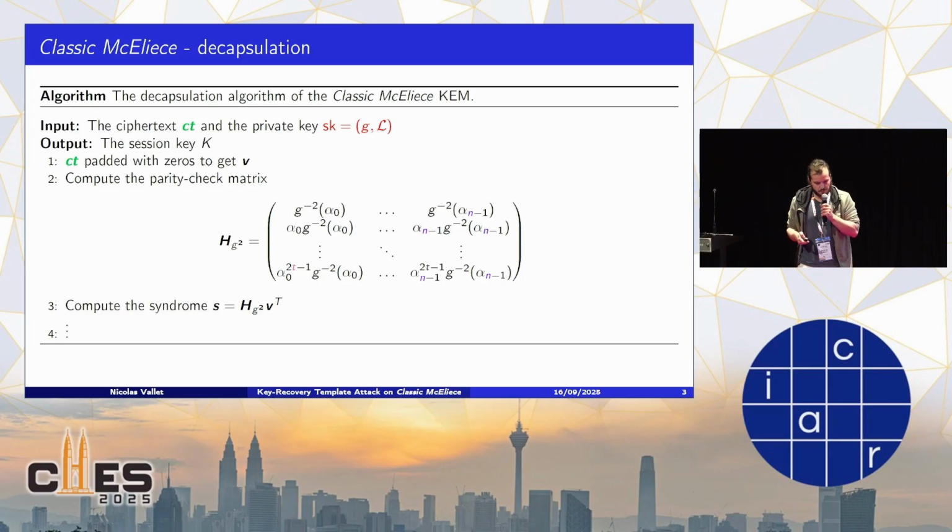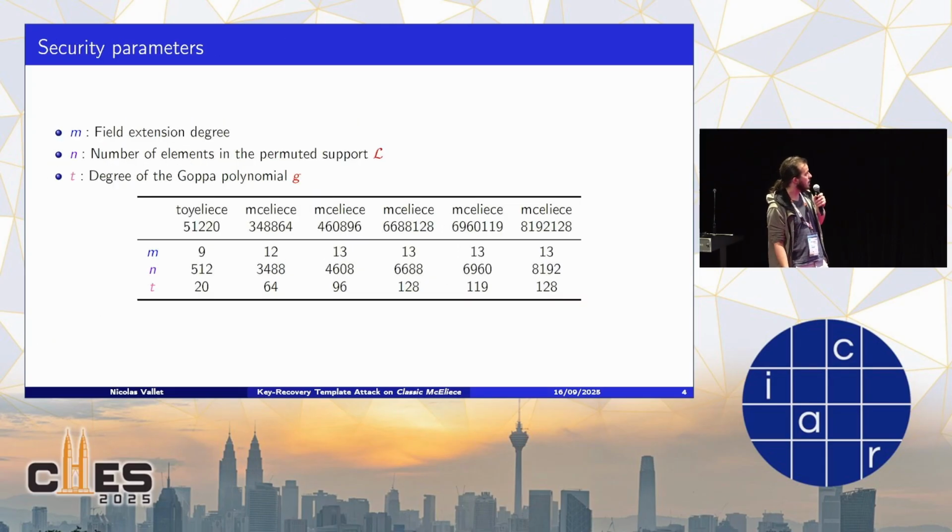That's all I will describe for the decapsulation algorithm, as the rest of the algorithm is not required to understand the attack. Now for the security parameters, as I said, there are 3: M, which is the field extension degree, N, which is the number of elements of the permuted support, and T, which is the degree of g.